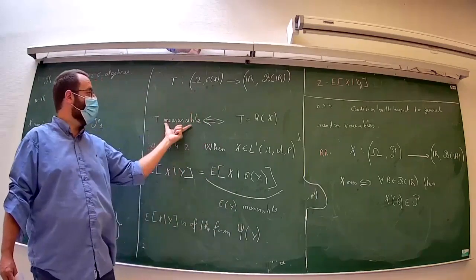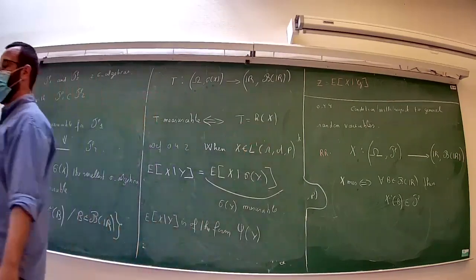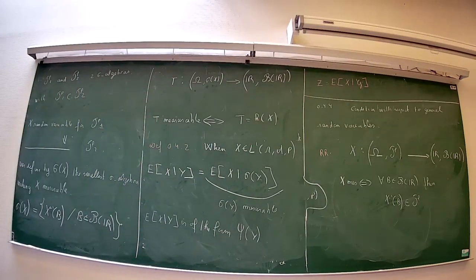If I am sigma of Y measurable, it means that I am a function of Y. So the conditional expectation given Y is a function of Y.